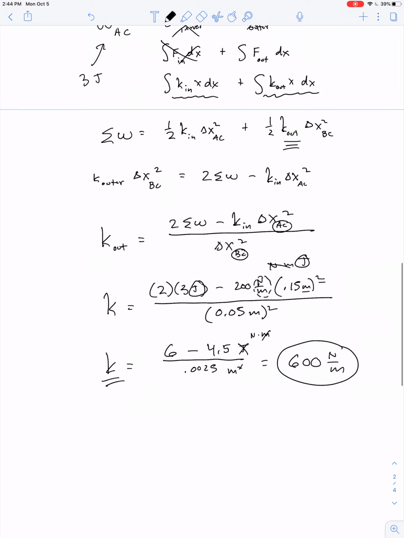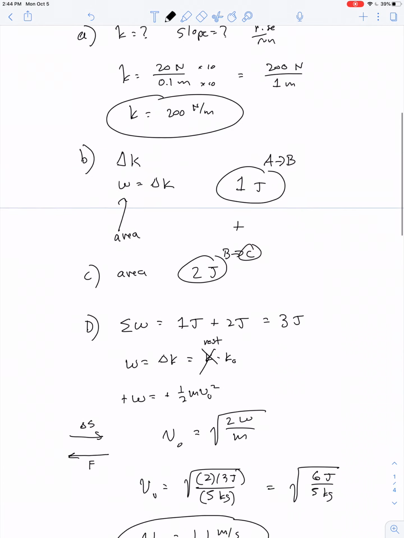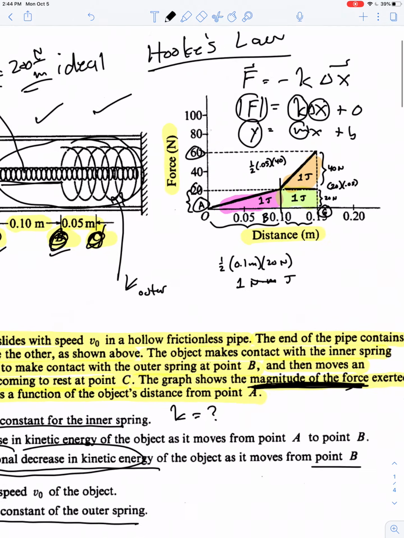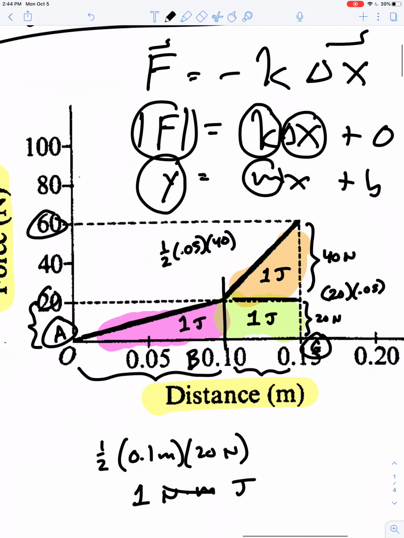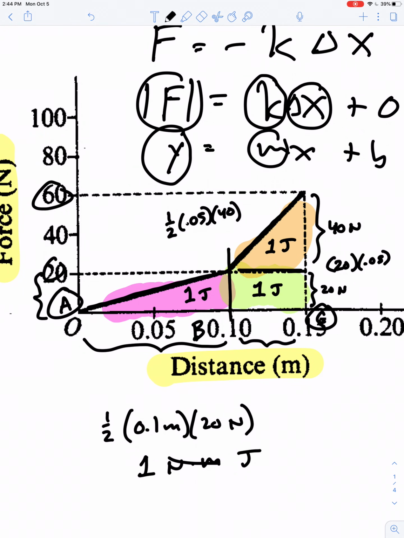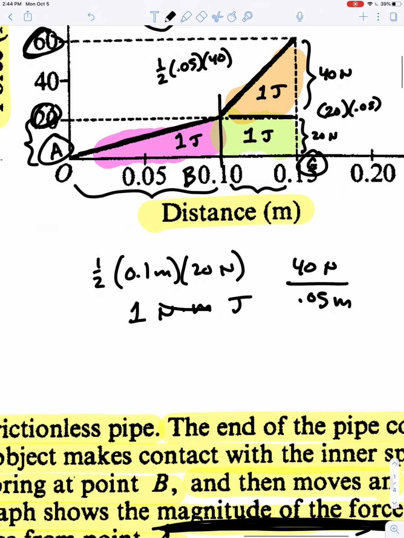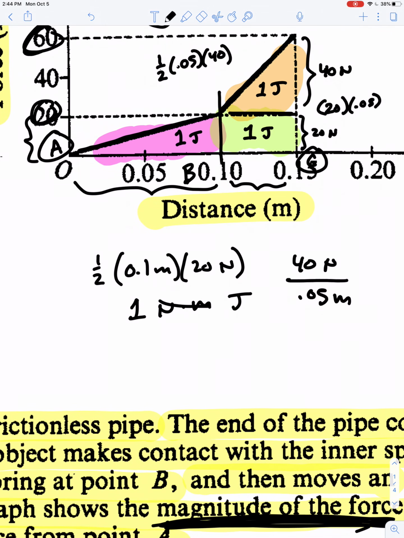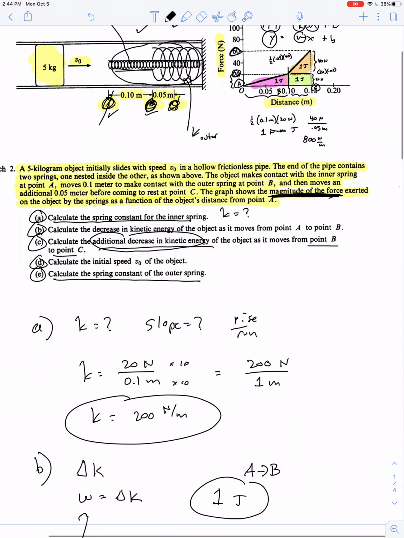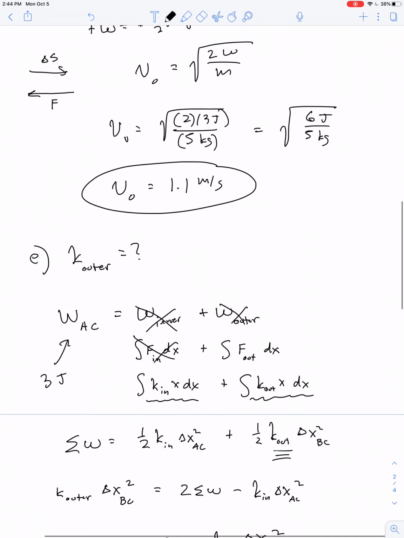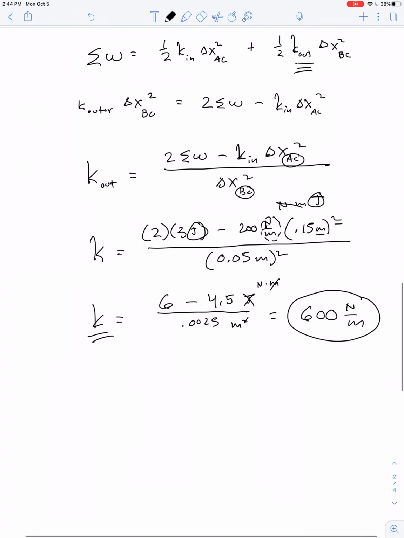Now notice what we would have got had we calculated the slope of the other line segment. Rise over run. So this is a rise that goes from 20 up to 60. So it's a rise of 40 newtons and a run of 0.05 meters. So 40 divided by 0.05 would have given us 800 newtons per meter. But we can see the correct answer is 600 newtons per meter.